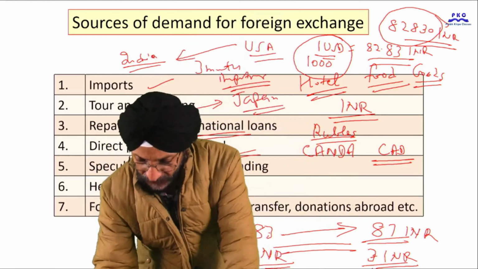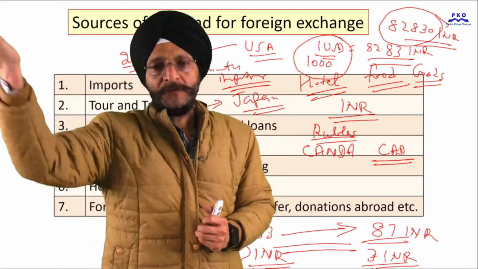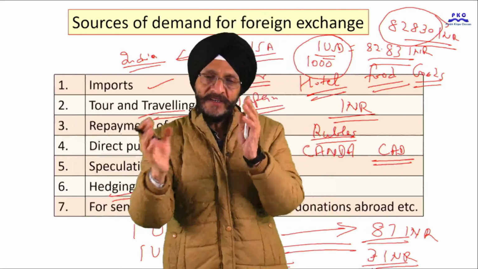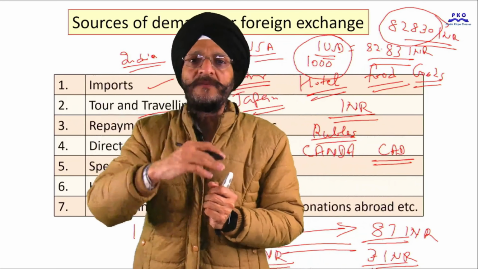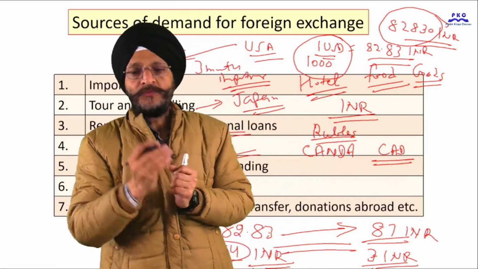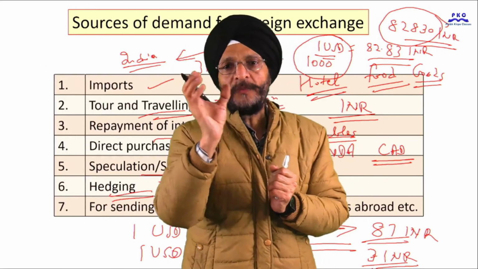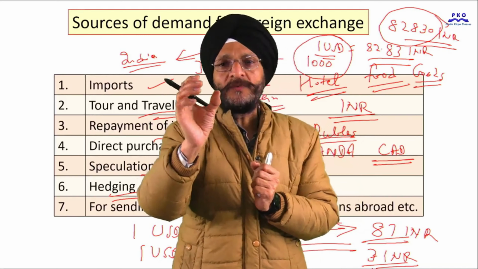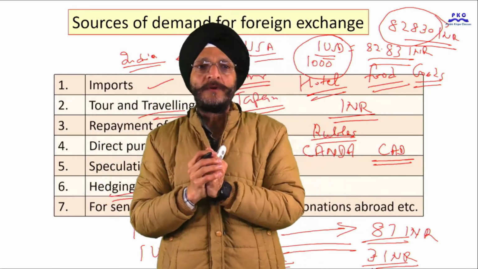We also demand foreign exchange or foreign currency for sending gifts if our relatives are living abroad. We have already discussed what unilateral transfers are. Unilateral transfers are one-sided transfers for which no return in the form of money or goods or services is there. Unilateral transfers are in the form of donation or one-time aid on humanitarian ground.